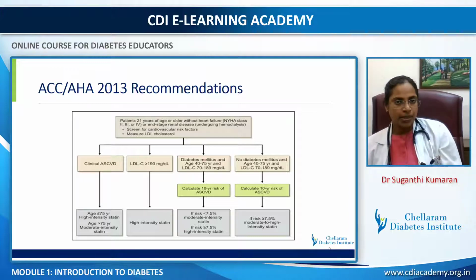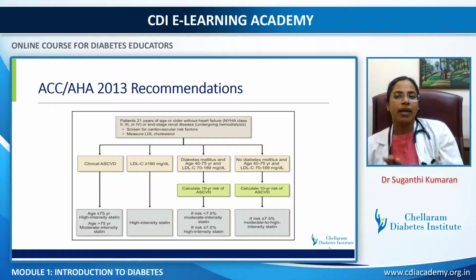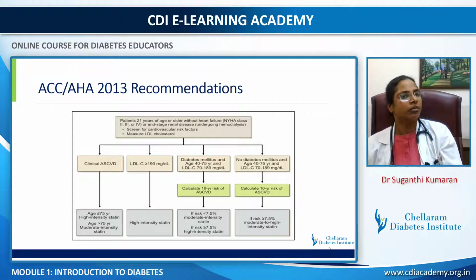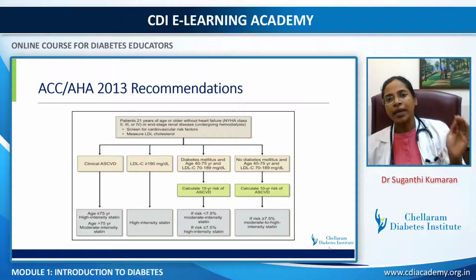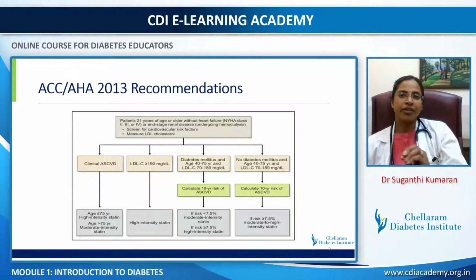If the patient has diabetes and the age is between 40 to 75, and the cholesterol is between 70 to 189 milligrams per dl, we start them on statin. We calculate the atherosclerotic cardiovascular 10-year risk only to decide between moderate and high intensity statin. 40 to 75 years with diabetes, LDL 70 to 189, we start them on statin.